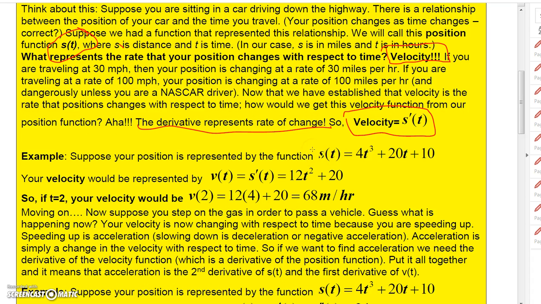Let's say your position function is s of t equals 4t cubed plus 20t plus 10. Then your velocity would be the derivative of that, which would be 12t squared plus 20. And so if t is 2, just plug 2 in, you get 12 times 4 plus 20 equals 68 miles per hour.